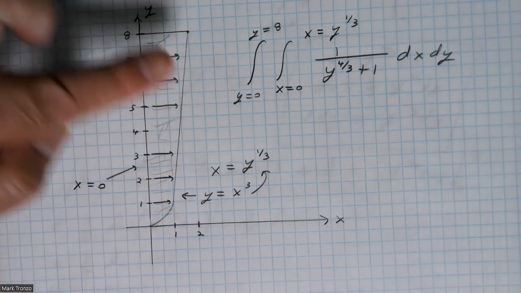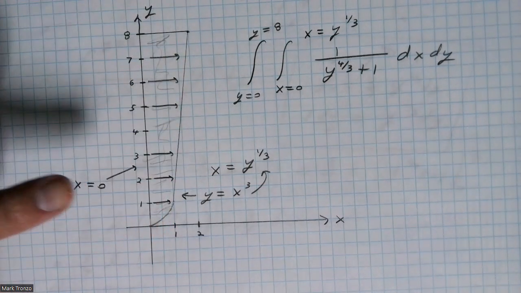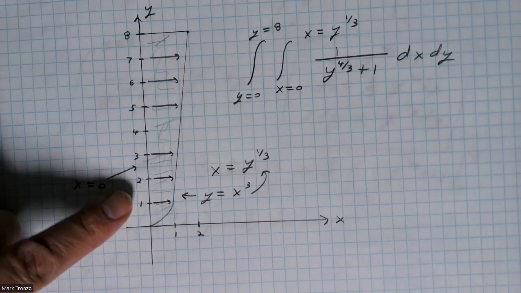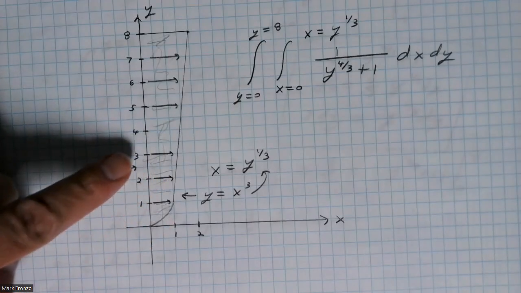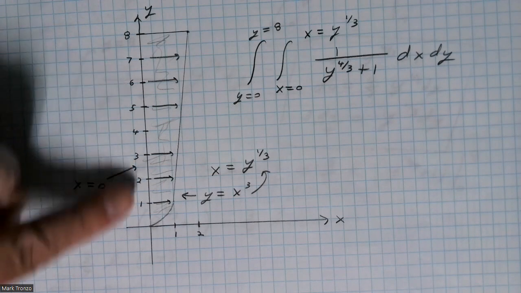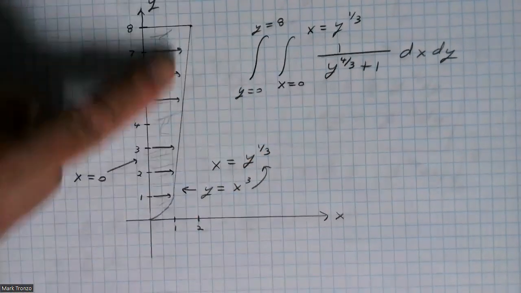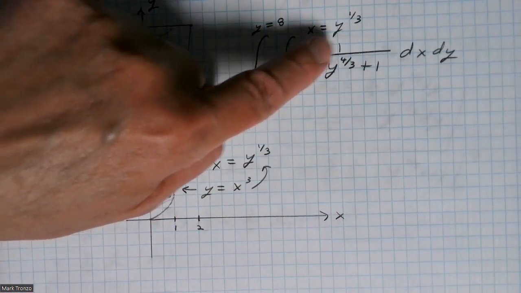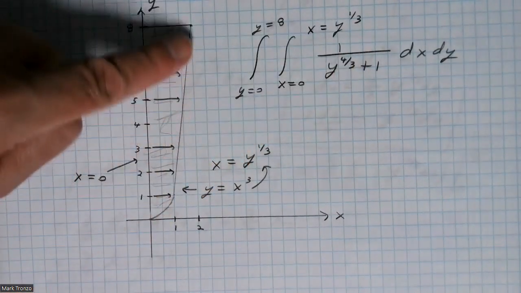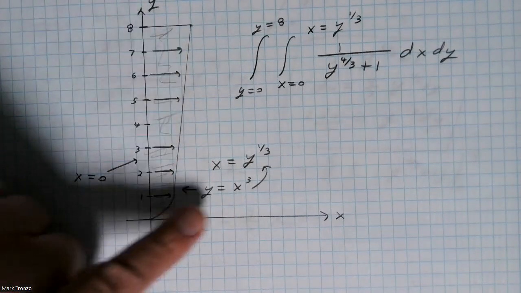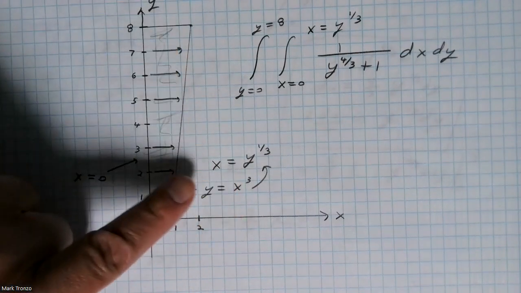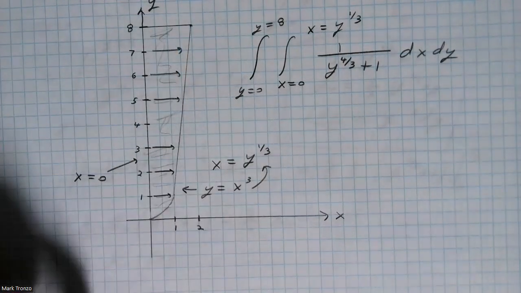And then remember, use the same region as the original integral. Put arrows in the positive x direction where the arrows start. That's the lower bound at x equals 0. They end up here at x equal y to the 1/3.